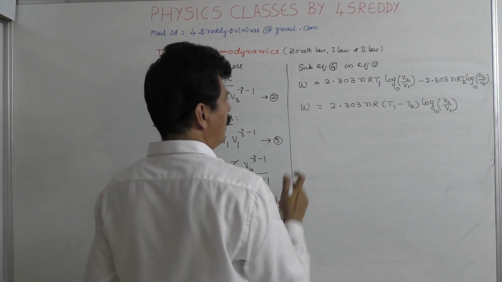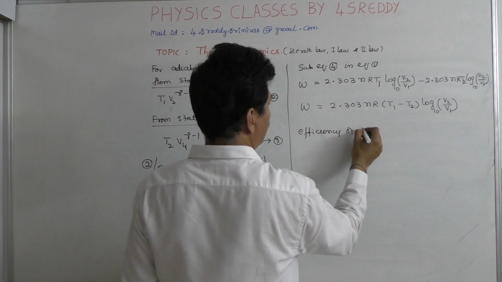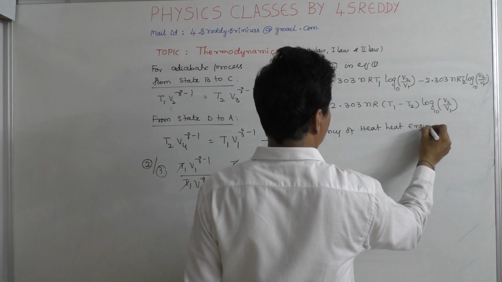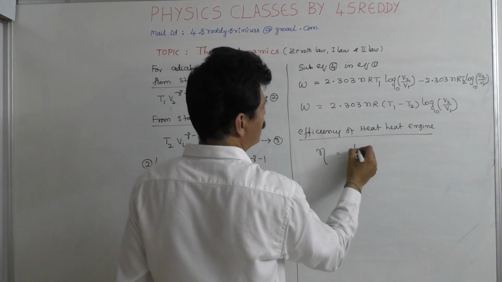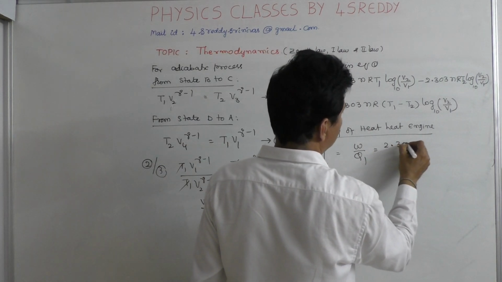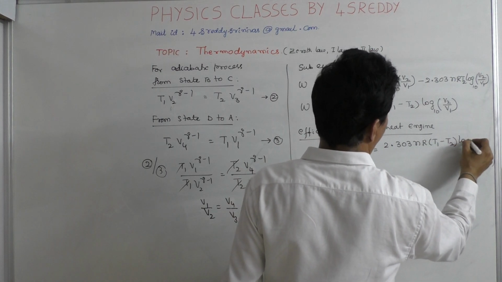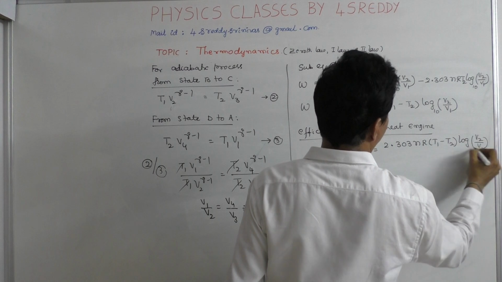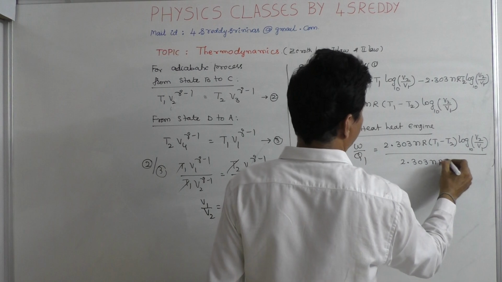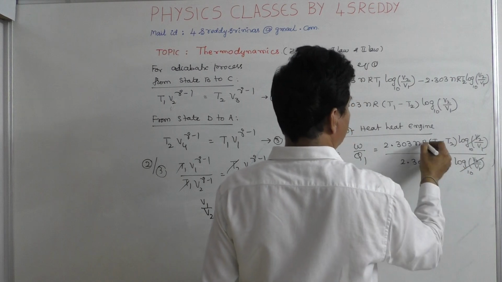Therefore, once you got it, the efficiency of heat engine is given by the definition we already gave: eta is equal to work done by heat absorbed, that is 2.303 nR into (T1 minus T2) into log of V2 by V1 to the base 10, divided by 2.303 nRT1 log of V2 by V1 to the base 10. All of it gets cancelled here.